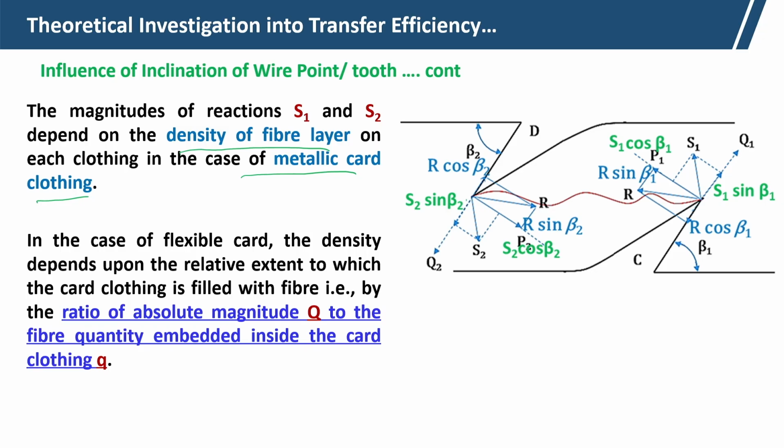In flexible wire clothing, the density depends upon the relative extent to which the card clothing is filled with the fiber, by the ratio, the absolute magnitude of Q, that is the load to the fiber embedded inside the clothing. So, in flexible clothing the main problem is that the fiber gets entrapped. These are the functions on which the card clothing load depends.